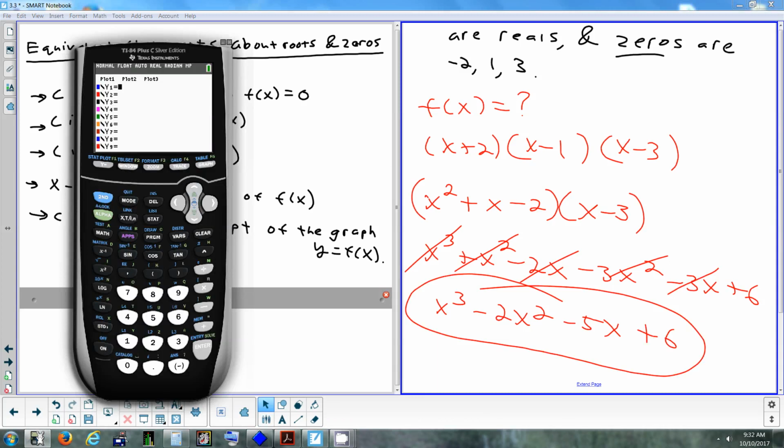So let's try it. So we have x cubed minus 2x squared minus 5x plus 6. Zoom 6 should work to see the roots. It might go off the screen, but you'll definitely be able to see the roots. There's -2, 1, 3. Crosses exactly in the 3 numbers that we want.